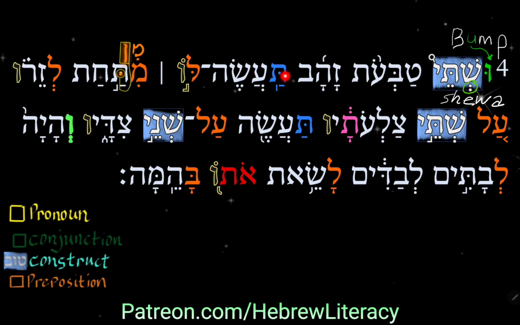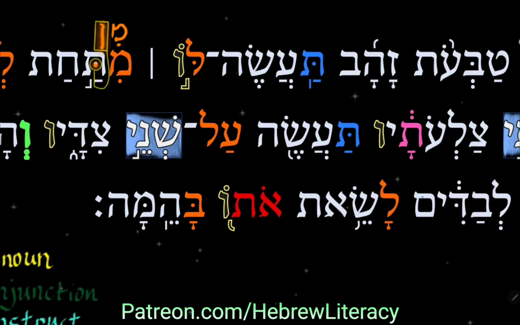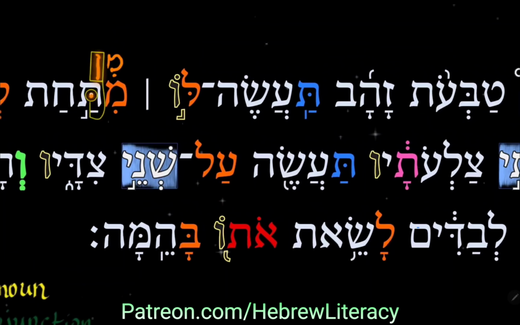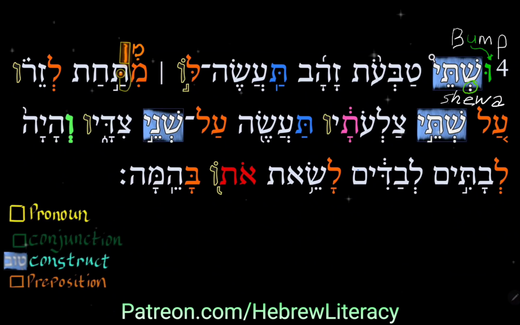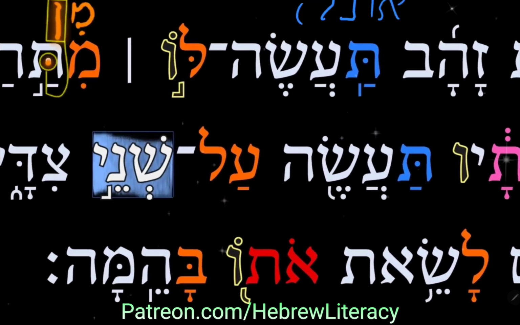Okay, continuing. Taaseh, the verb ayin sin hey is to do or to make. Ta reminds us of ata, you. Ata, aleph, tav hey.